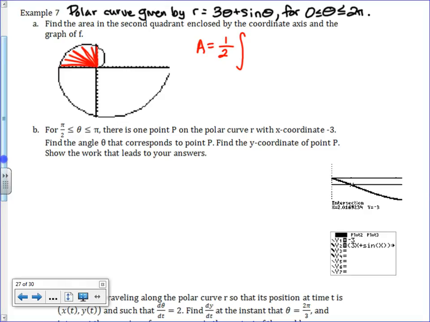So this one is going to behave normally because 0 to 2 pi is just going, you guys can see it going, right? It's a spiral, starts in the inside, goes on the outside. If I was to plug in pi over 2, I have 3 pi over 2 plus sine of pi over 2, which is 1, so 3 pi over 2 plus 1.